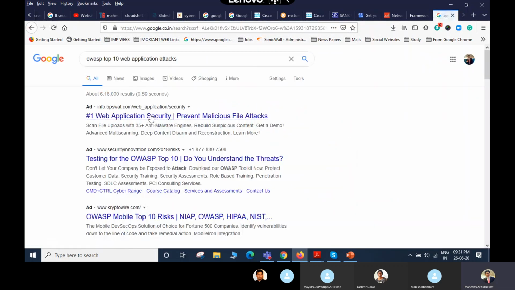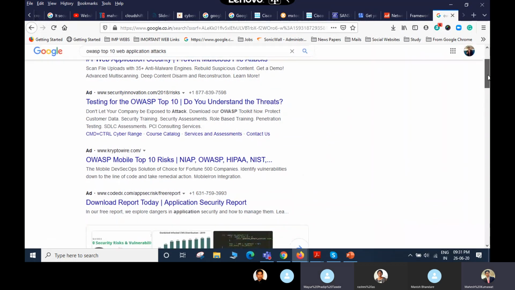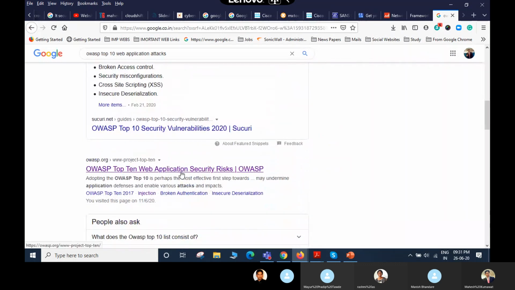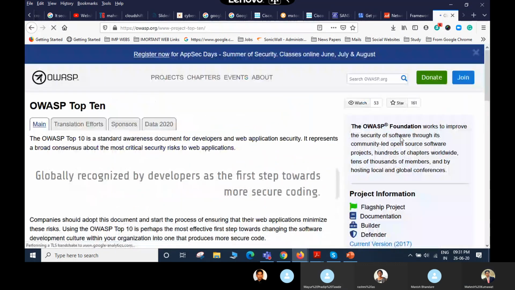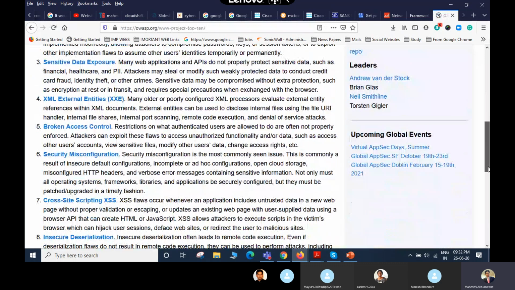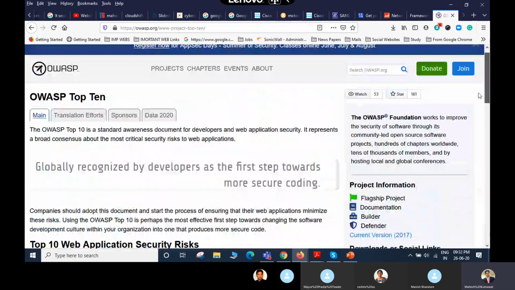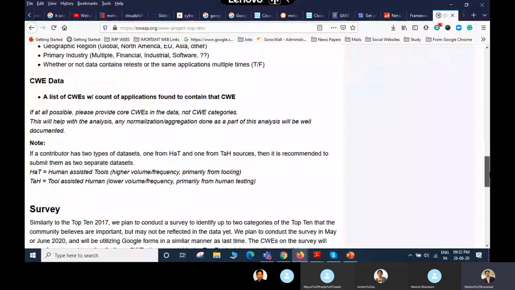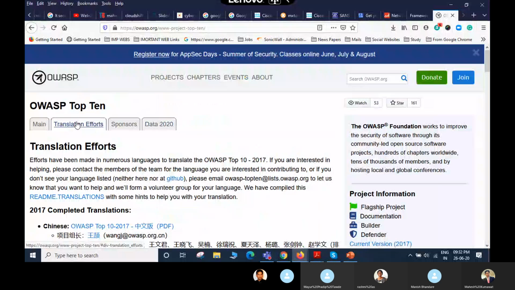Yes, you're right. So the top 10 web application security risks are there. Okay.